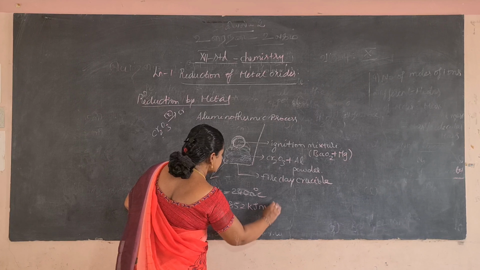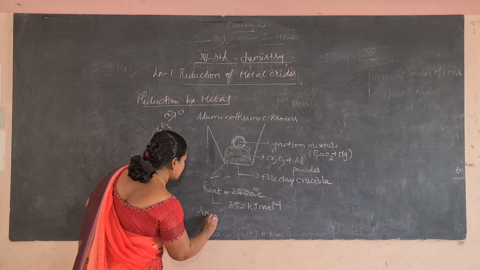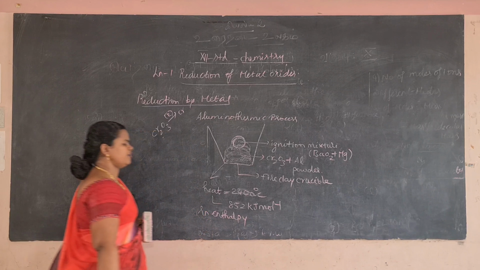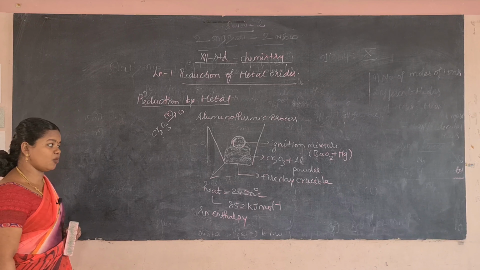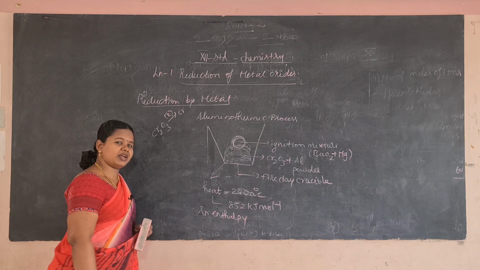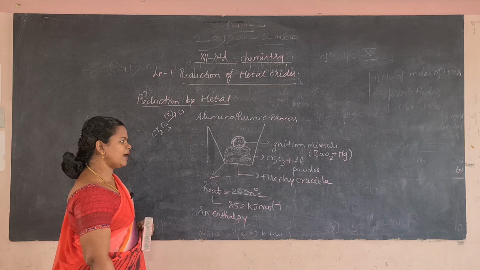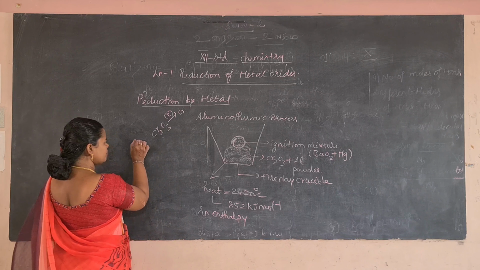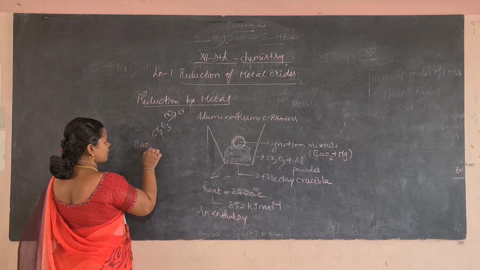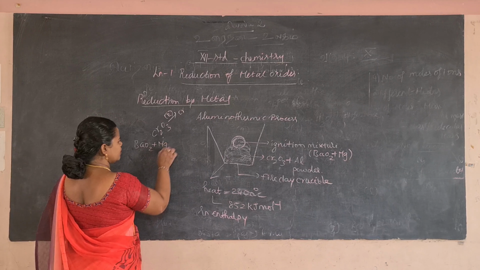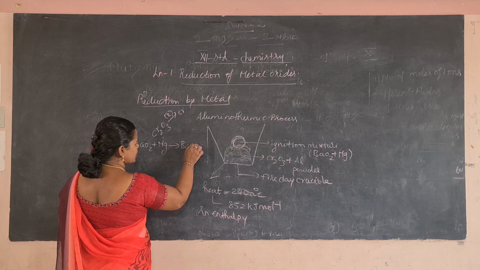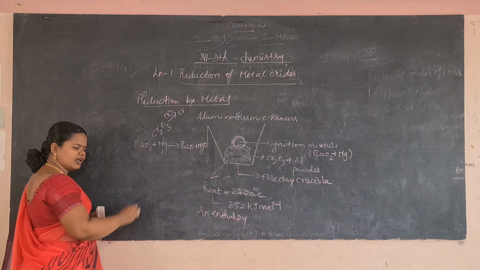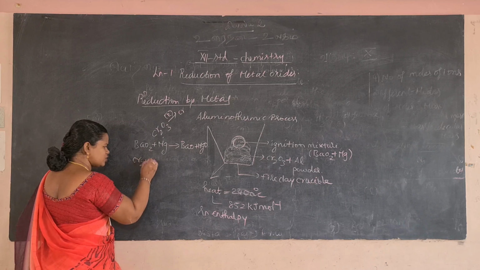This much heat is liberated during this reaction. So finally what happens? Here the barium peroxide reacts with this magnesium ribbon to form BaO plus MgO, and this will initiate the reduction of chromic oxide to chromium.